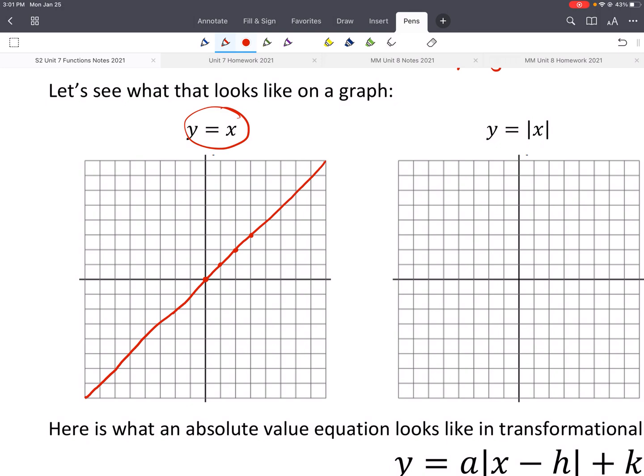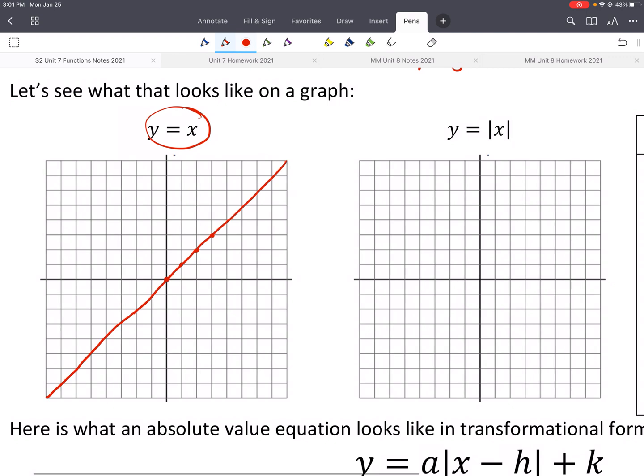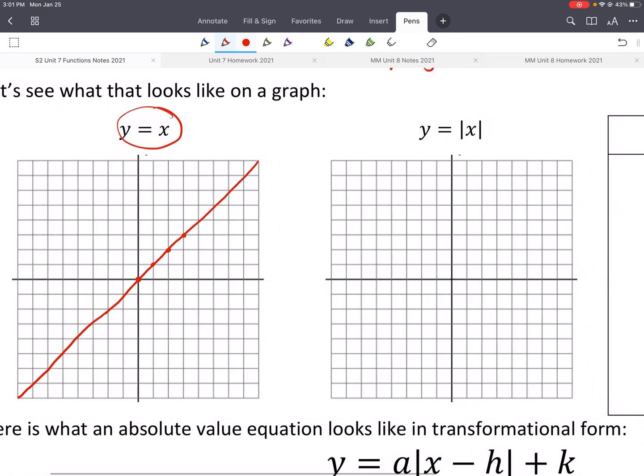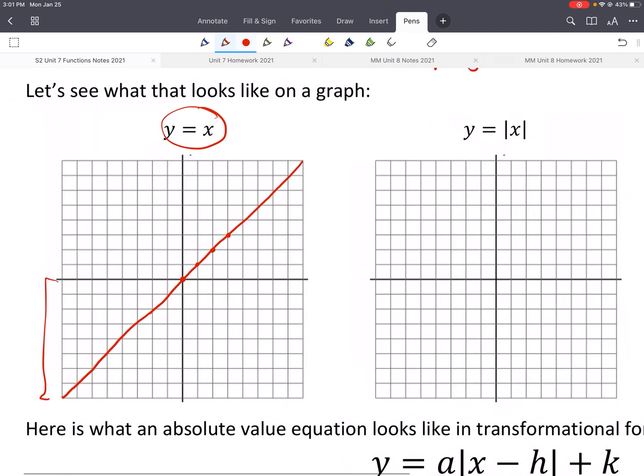Now what would happen if we used that exact same function, but made it an absolute value? Any of these negative values over here are going to become positive, and we'll end up getting this shape that looks like a V. And that is what an absolute value function looks like.